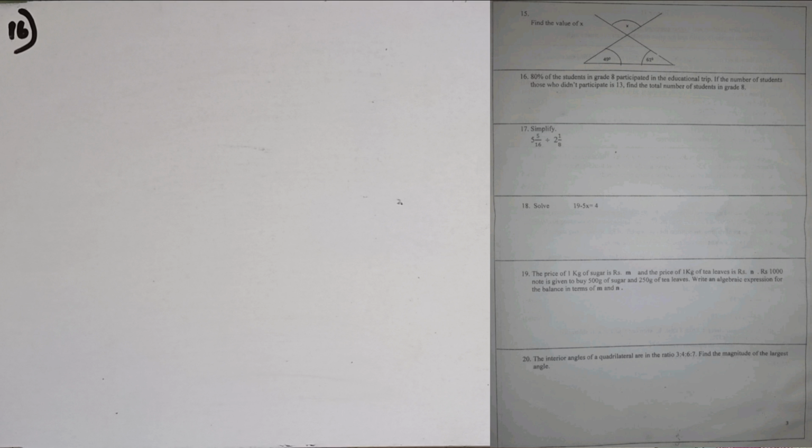Question number 16. 80% of the students in grade 8 participated in the educational trip. If the number of students who didn't participate is 13, find the total number of students in grade 8.